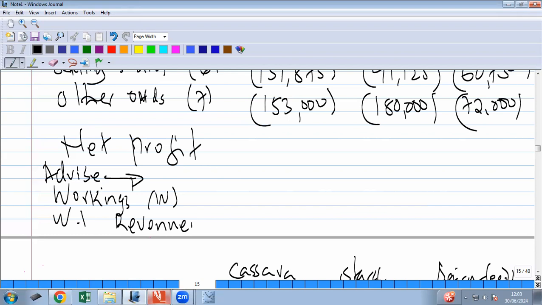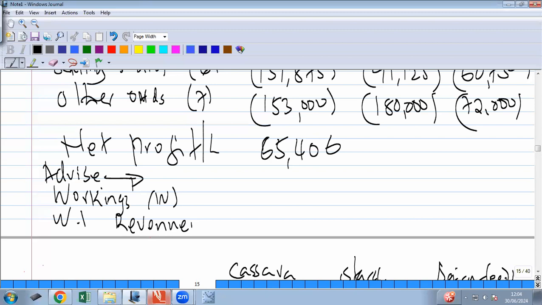For cassava, 65,437. Yes. 65,4 like this, as a profit or a loss.